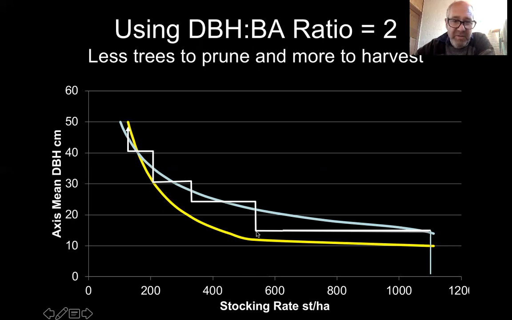So come across from here at 15, rather than 700 trees, come down to 400 trees. And at this age, rather than have 300 trees, have 250. And all of those fewer trees in the forest for the same size means a lot less work. When the trees are older, you can have more trees, because a lot of the basal area, a lot of the competition is actually just heartwood. But it still is somewhere in the same ballpark figure of about 100 to 120 teak trees per hectare.